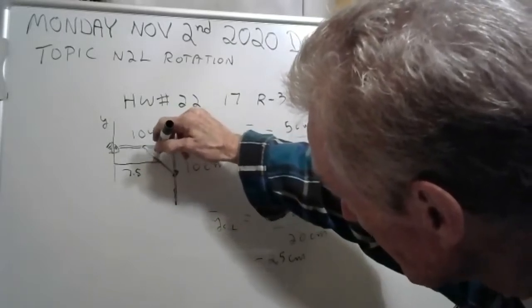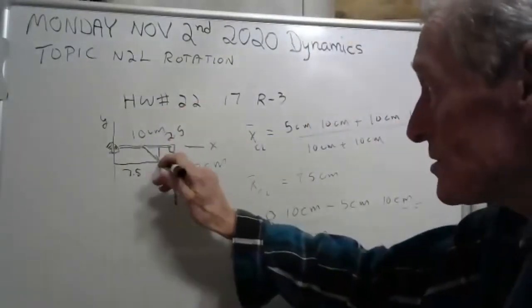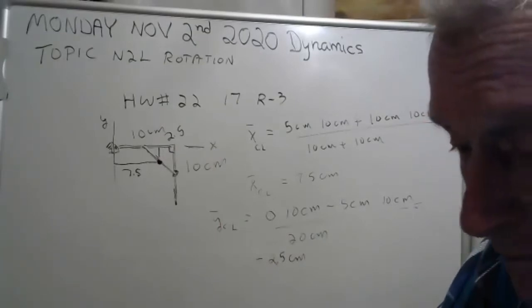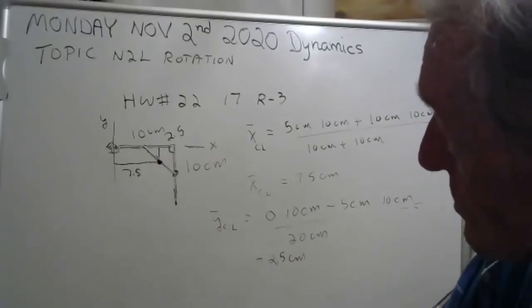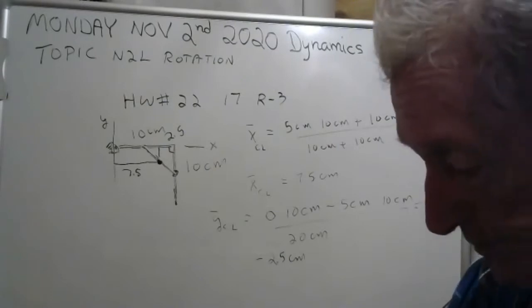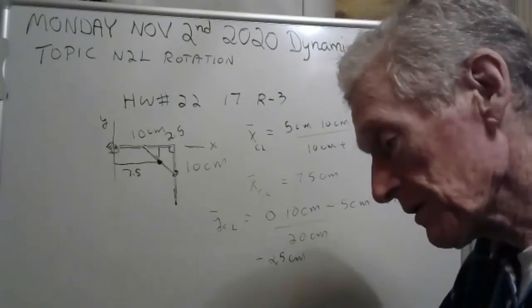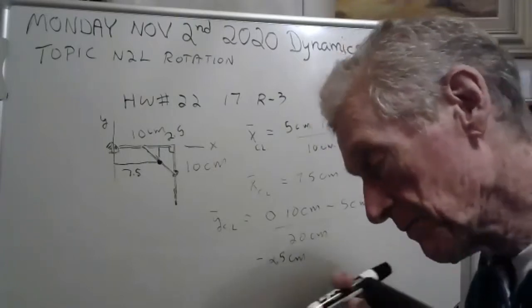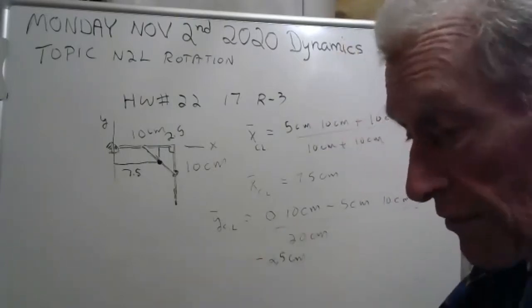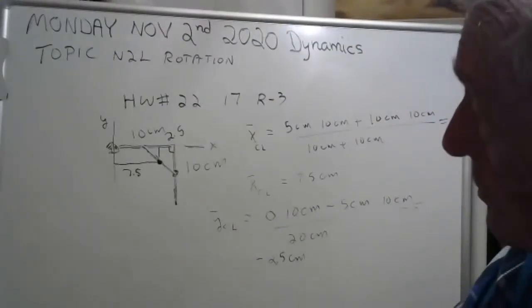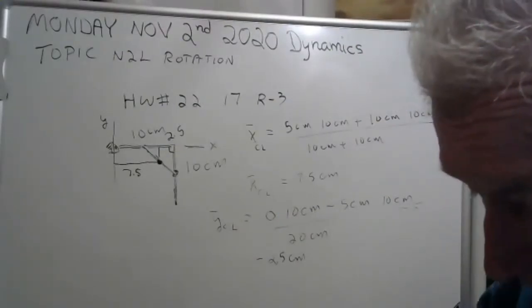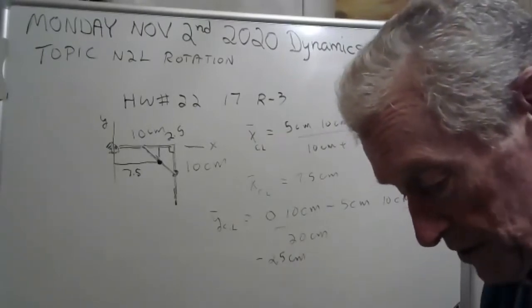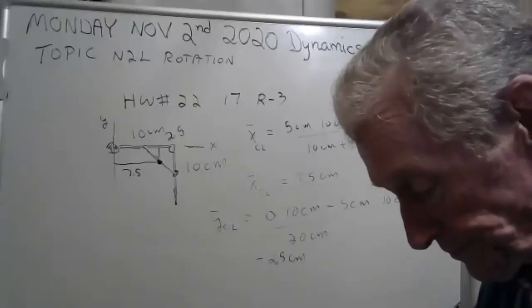Since they have the same mass, does it stand to reason that the center of gravity of the whole thing is right there? There, we just did a centroid of length. We could spend the rest of our time together doing centroids of center of gravity, center of volume, and so forth. That's enough of that. I'm going to move on to more exciting things unless you have a question.